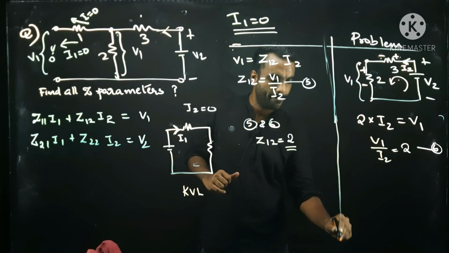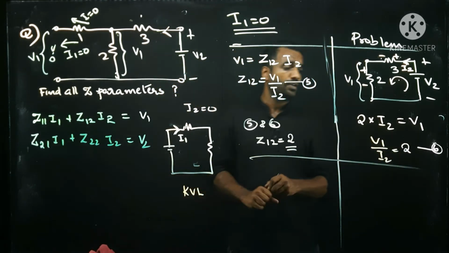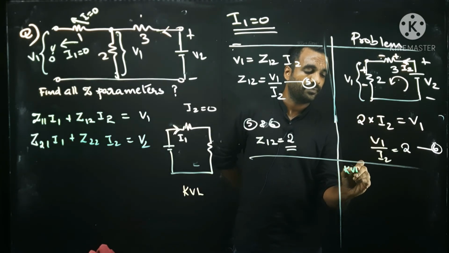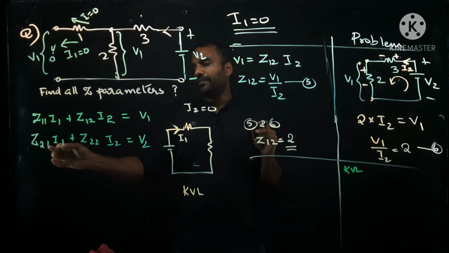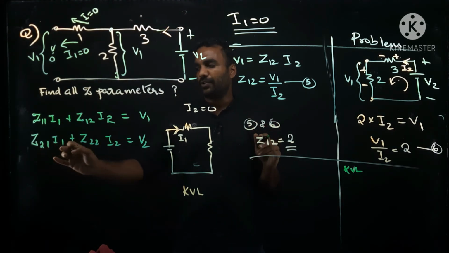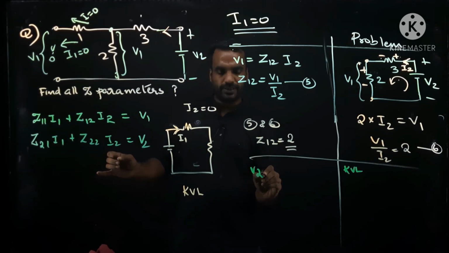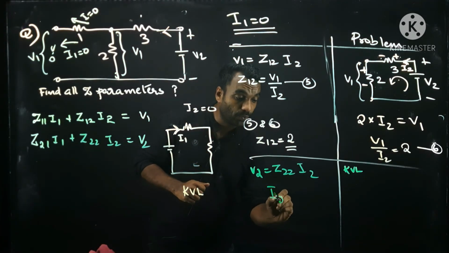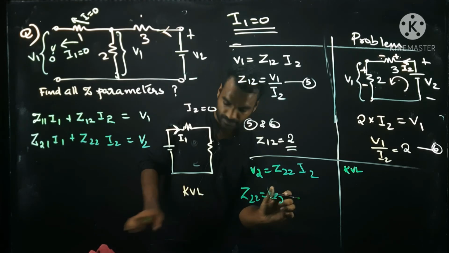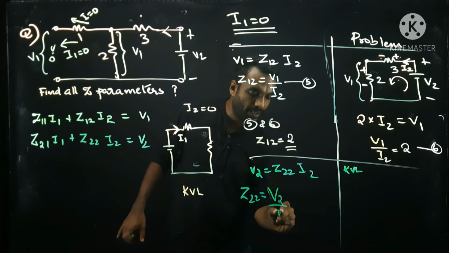Now, let me write KVL. Before that, if you are making I1 is equal to 0, then from the second equation you will get V2 is equal to Z22 I2 and Z22 is equal to V2 by I2.